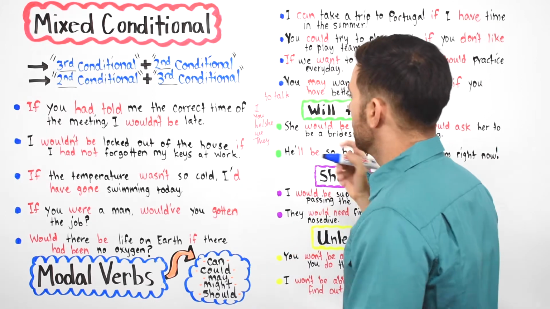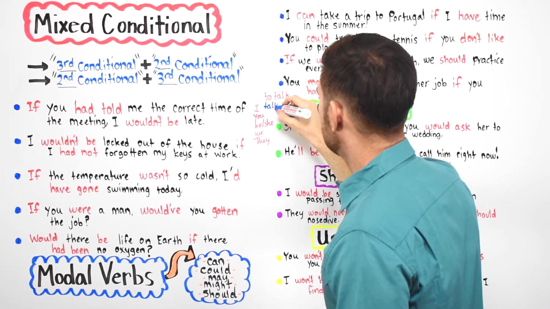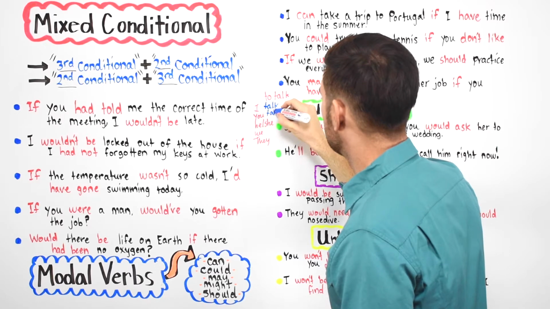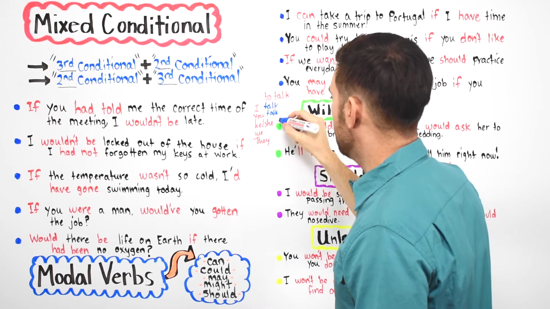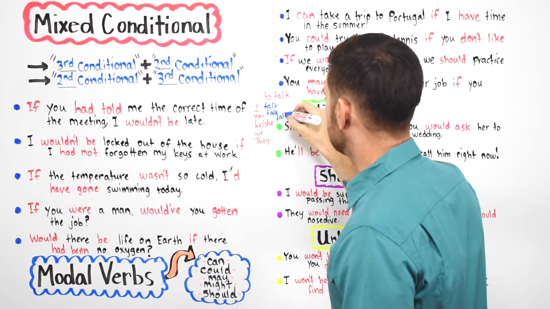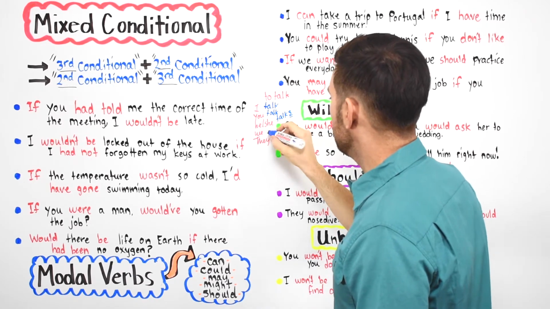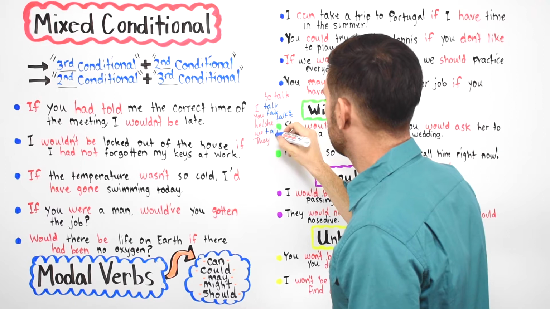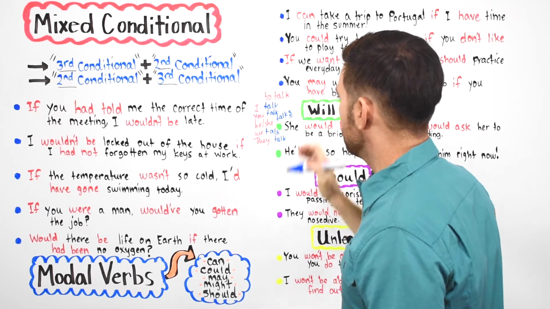So I talk, just normal. You talk. But then we get to he, she, it, and it becomes he, she, it talks. So we have to have an S right here. Talks. We talk and they talk. And that's about it for a regular verb like this.